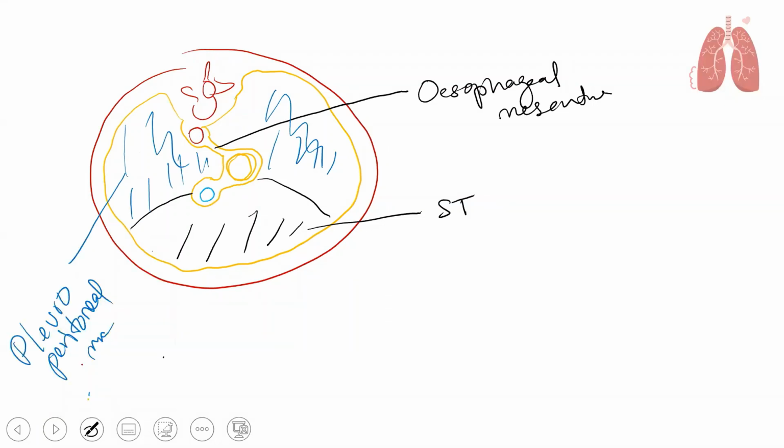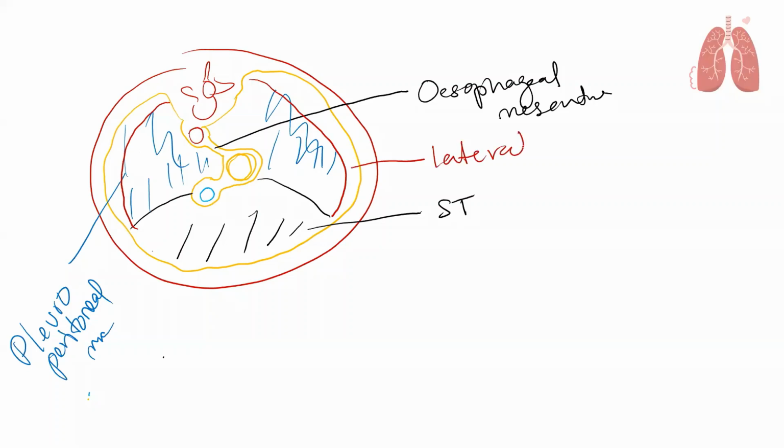And later on, from the lateral body wall, we have a layer of lateral body wall muscles moving inwards. So these are our four origins of the diaphragm, right?